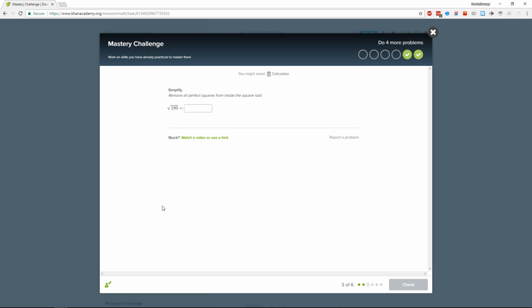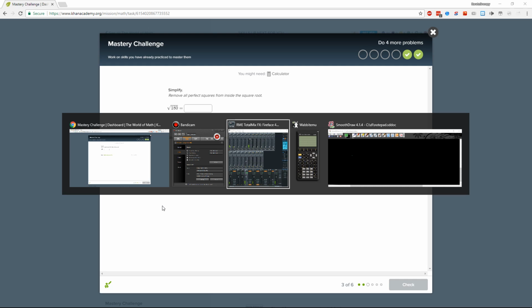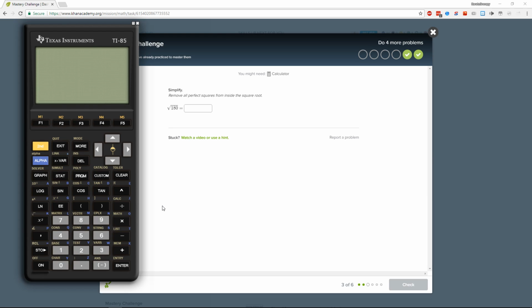You might need a calculator. And I went and got a TI-85 emulator, kind of like Khan does every once in a while. He uses a calculator. So let's turn this thing on. Let's see. Square root 180. Let's see. 180 divided by 3 is 60. 60 divided by 3 is 20.